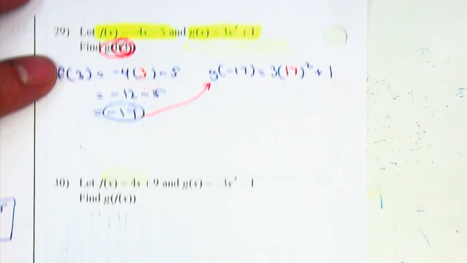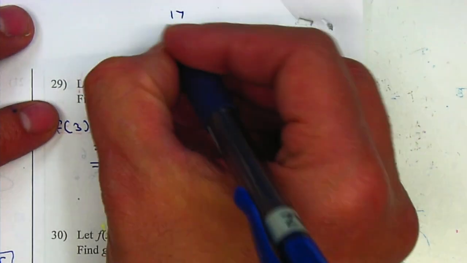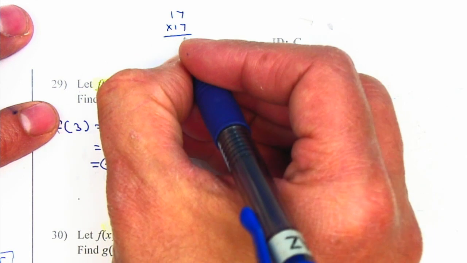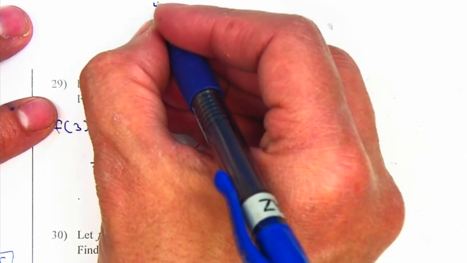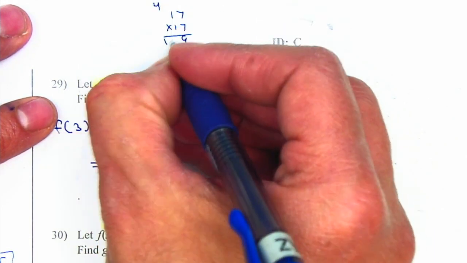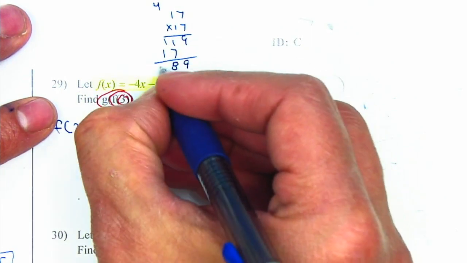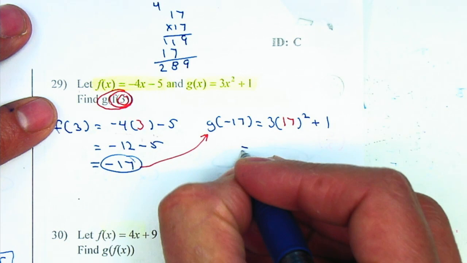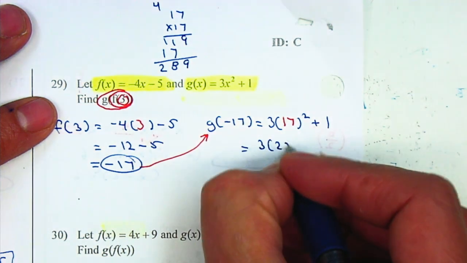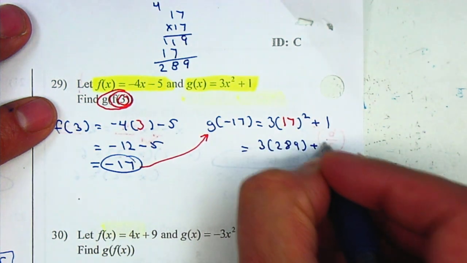Now 17 times 17, you just need to multiply it out. 17 times 17, that is 9, 49, carry 4. 7 times 1 is 7, plus 4 is 11, plus 9, 8, 2. So that gives me 3 times 289 plus 1.